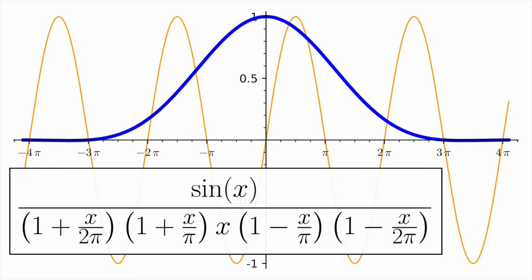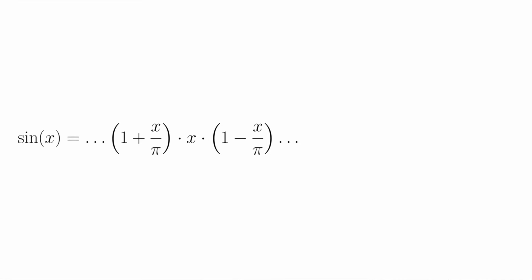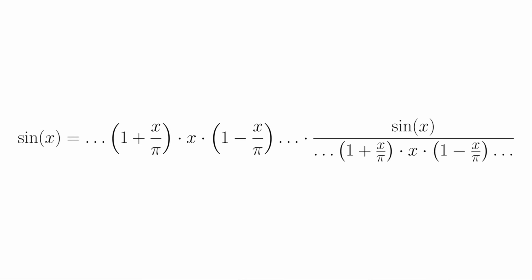So, deep breath. Now let's think what's going to happen if we actually factor out the linear terms corresponding to all the zeros of sine of x at once. I'm not going to think too carefully about what this means, but this is going to mean that we're going to have sine of x is equal to this product, again having a term for all the infinitely many zeros of sine of x, times sine of x divided by that same product.